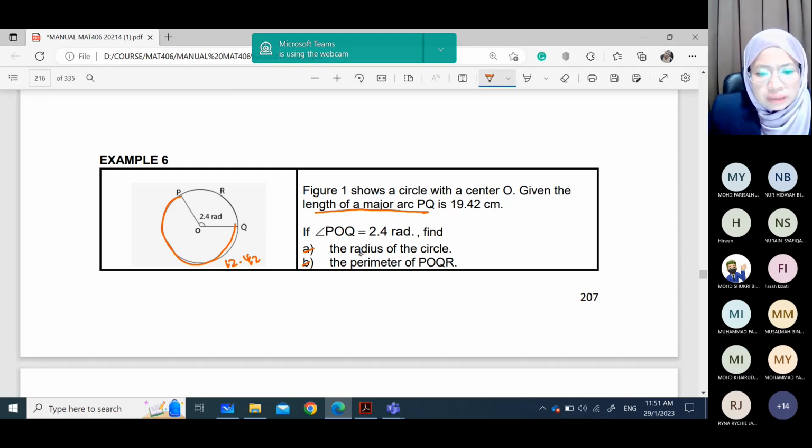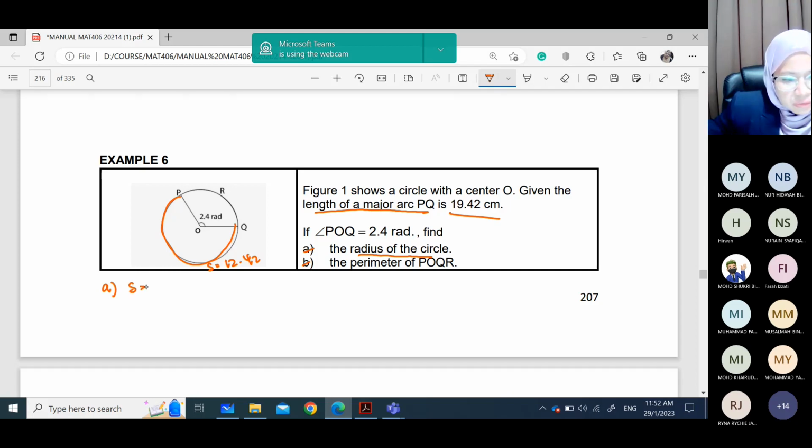Okay, so now kita cari radius of a circle. Okay, radius. So S kat sini, S dia adalah 12.42. Okay. Right, so kita tahu dah formula, kita jawab untuk A kat sini. Radius, sebab dia bagi kita arc length.